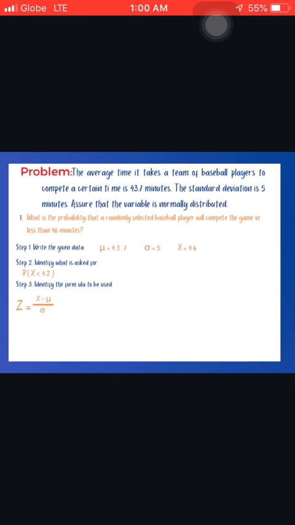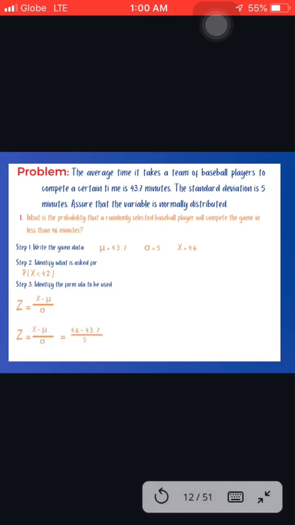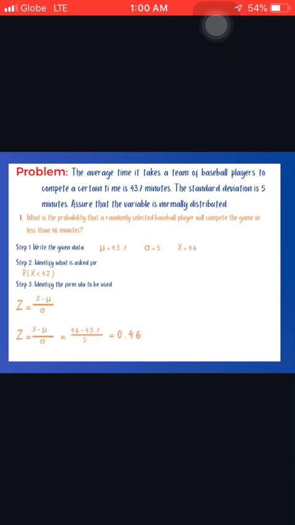So z equals x minus the population mean over the standard deviation. So step 4, evaluate the formula, 46 minus 43.7 over 4.